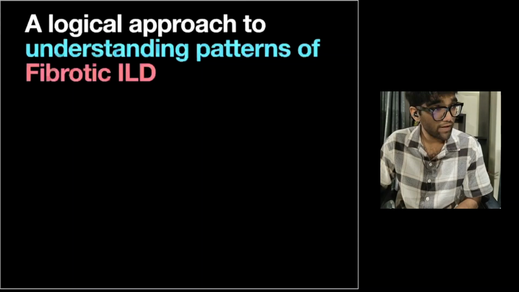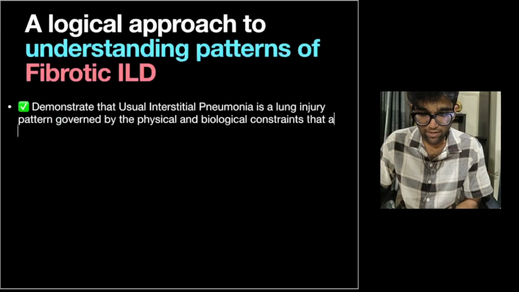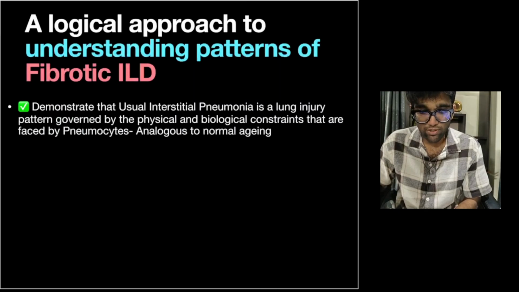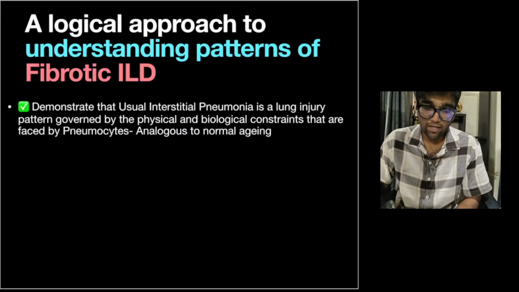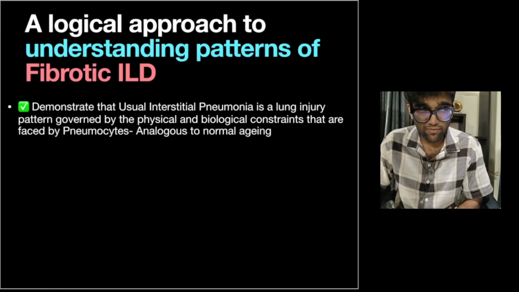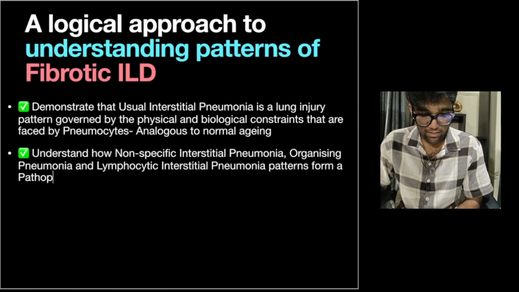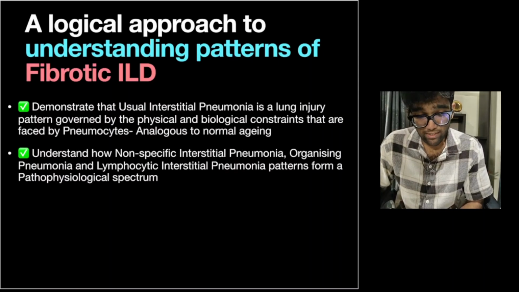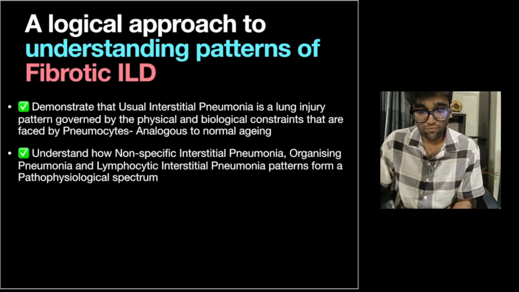Now, finally, I hope I have demonstrated that usual interstitial pneumonia is a lung injury pattern governed by the physical and biological constraints faced by type 2 pneumocytes, which is analogous to what happens with normal lung aging. Second, I hope you understand how non-specific interstitial pneumonia, organizing pneumonia, and lymphocytic interstitial pneumonia patterns form a pathophysiological spectrum.